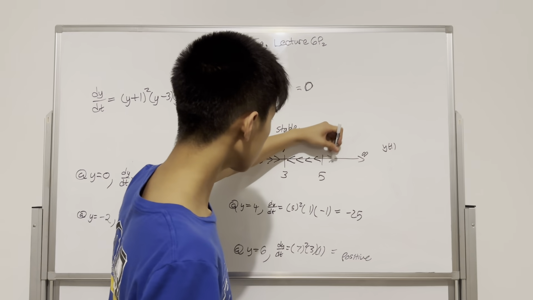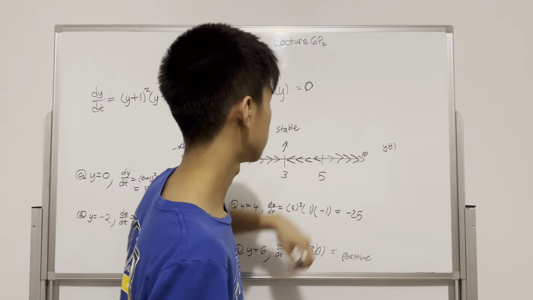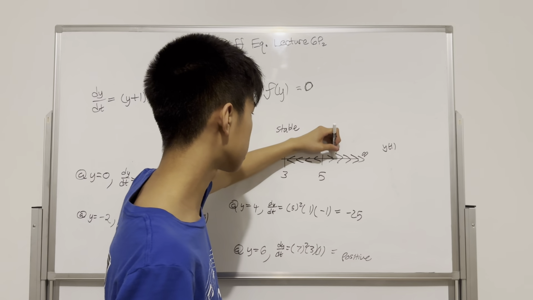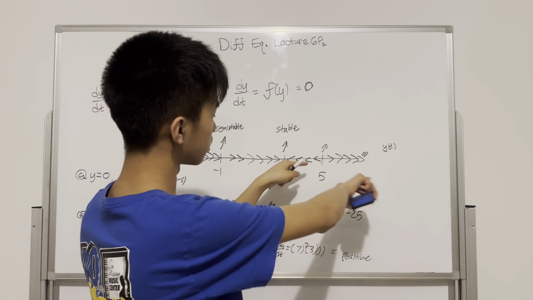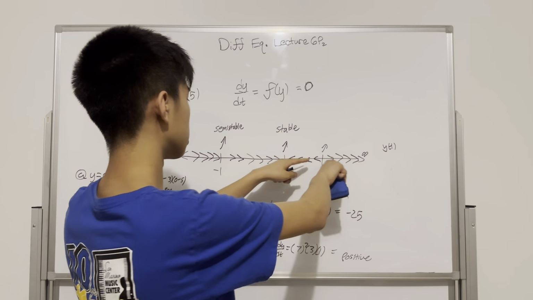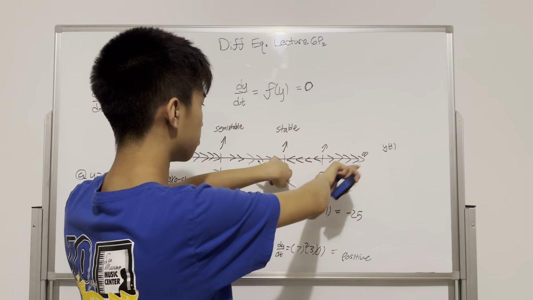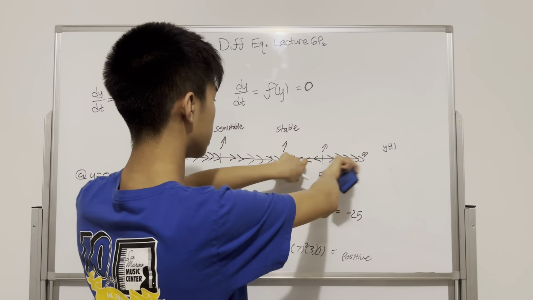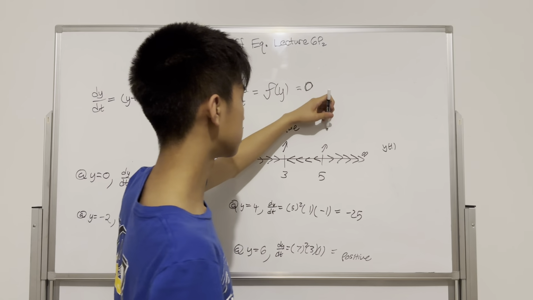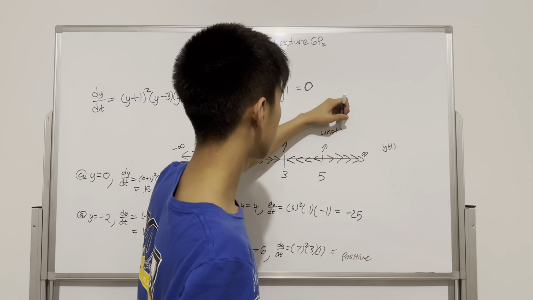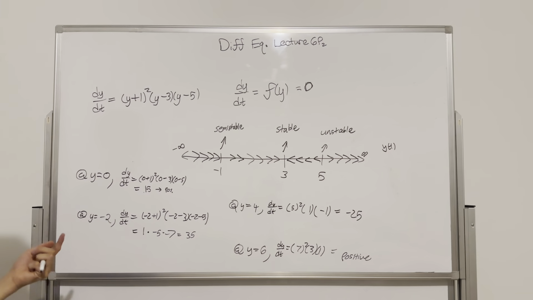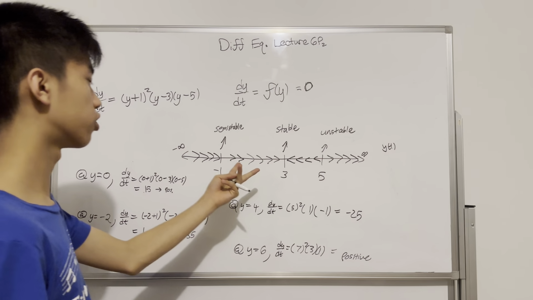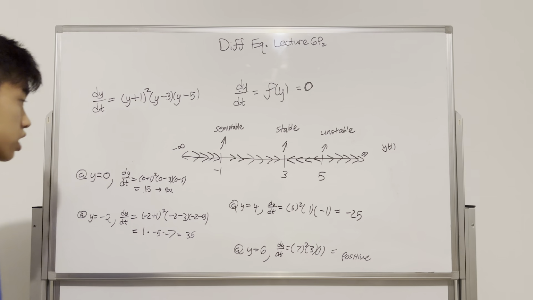So it's going to tend towards the positive direction. Okay, so if you have both sides of the equilibrium point tending towards opposite directions, that is an unstable equilibrium point. So here we classified the 3 different types of equilibrium points in an autonomous differential equation.